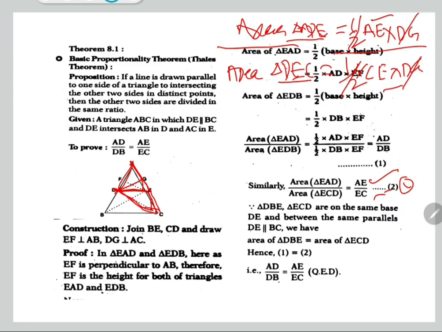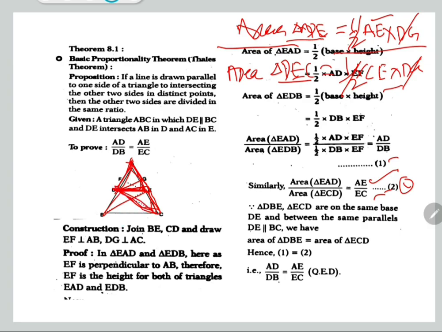From 1 and 2, this is 1 and 2, we will get because here the area of ADE and DEB, the ratio of these two is equal to ADE by DEC.